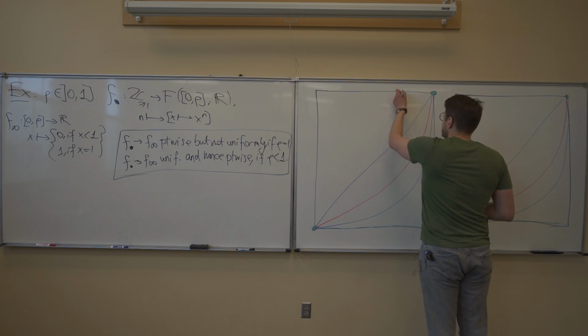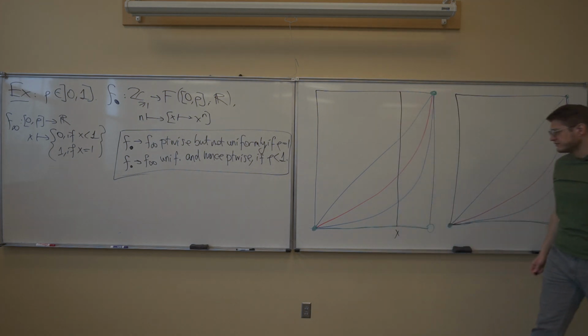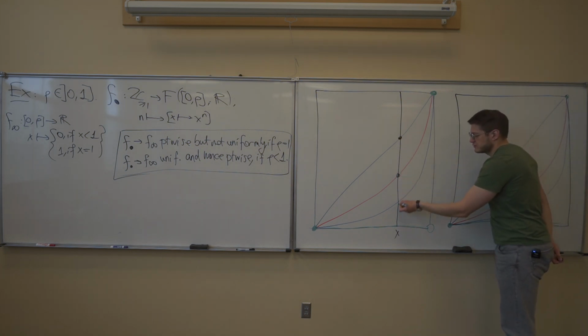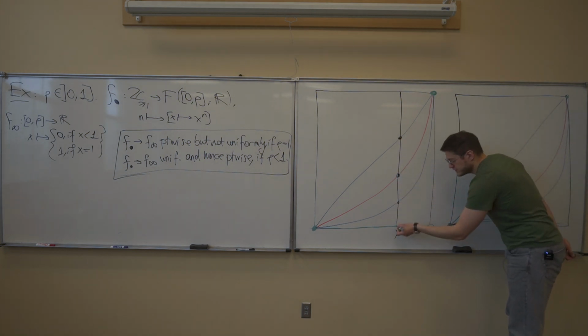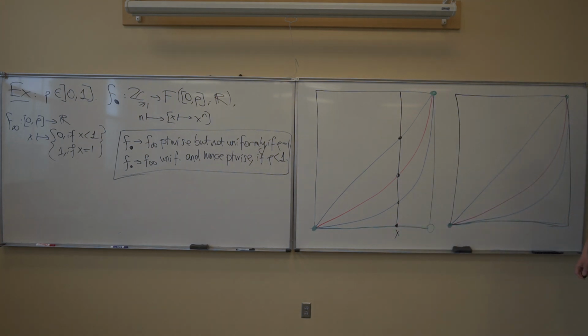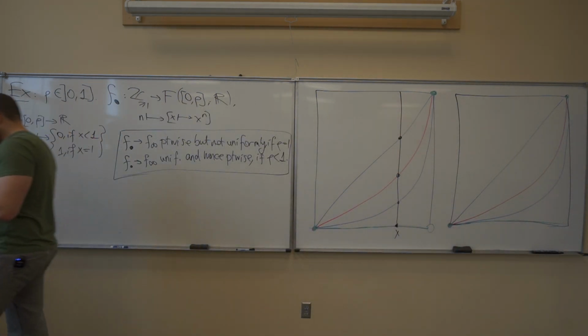Let's say this cross section, and then you look at these points. That gives you a sequence that converges to f sub infinity of x. So that's pointwise convergence.